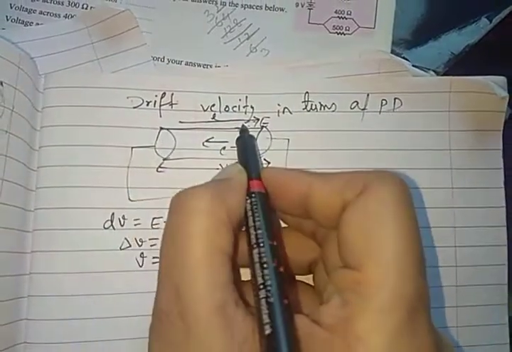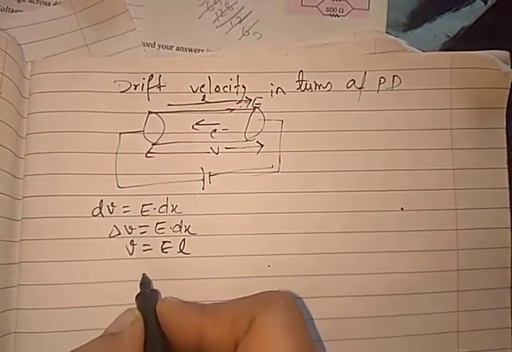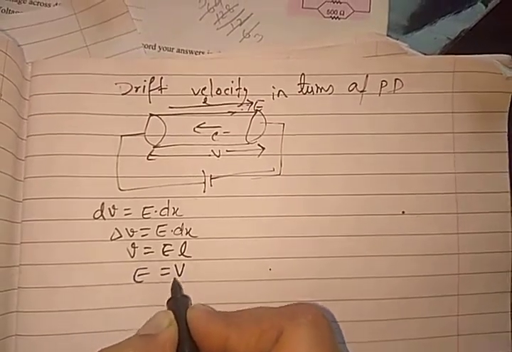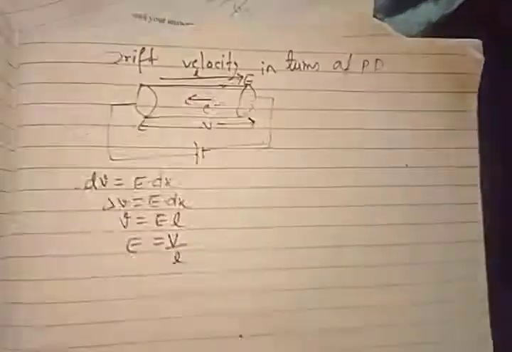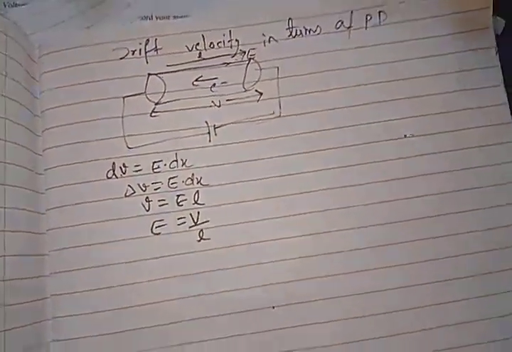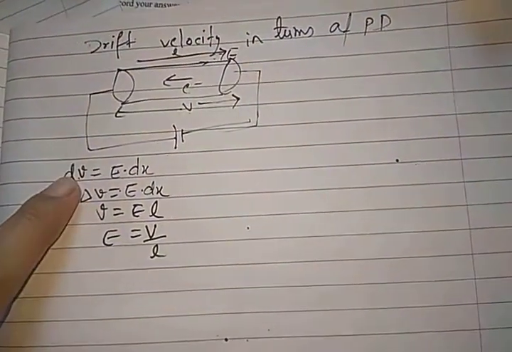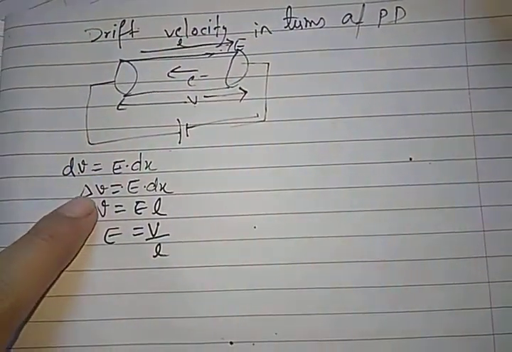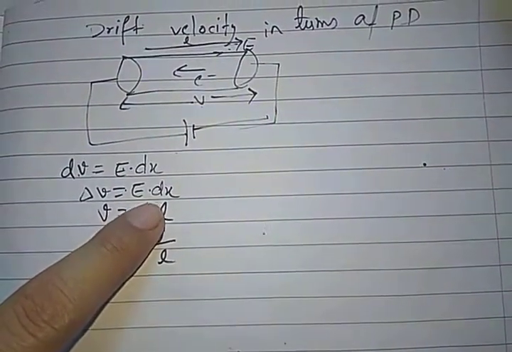Length. Instead of length, I can write L. So E is equal to V upon L. This expression we studied in the first part, electrostatics: dV is equal to E dx, which we have derived, and del V is equal to E dot dx.